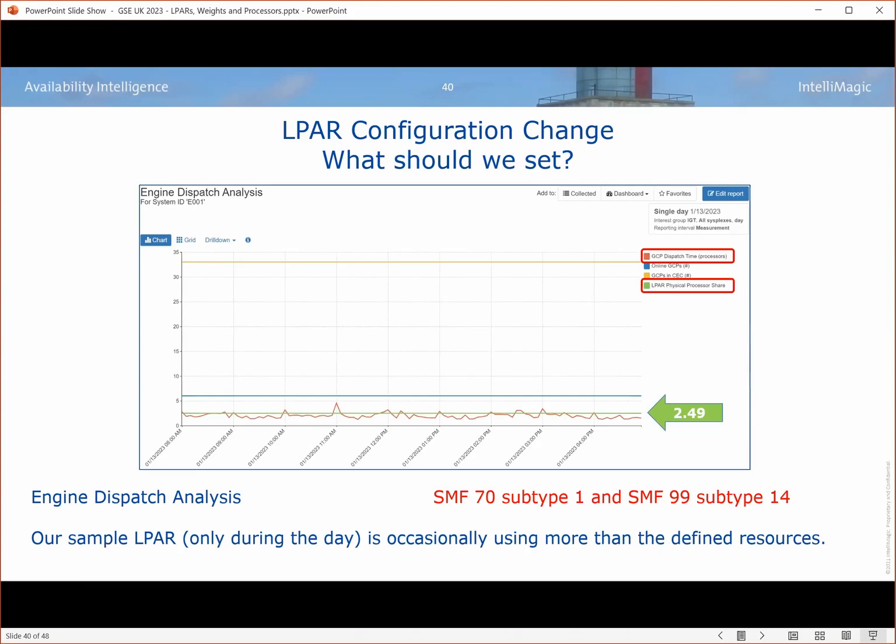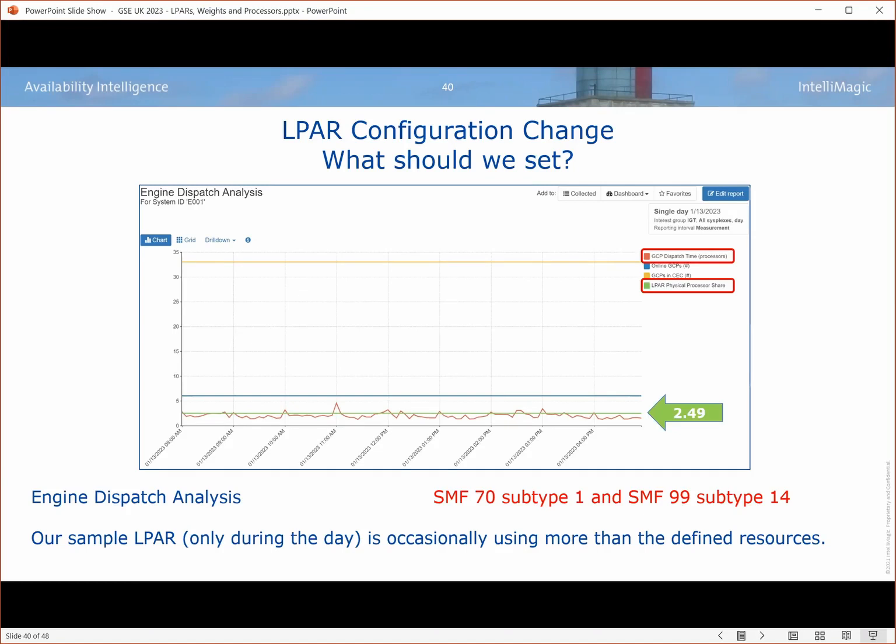It goes above that line occasionally, actually a few times. To me, that's an indicator that my LPAR definition, together with the number of processors on that KEC, is not enough for this workload. It's more than the 2.49 CP share that I've defined. So that's a clear indicator to me. I need to look at that. And we also see other limits here in this chart as well.